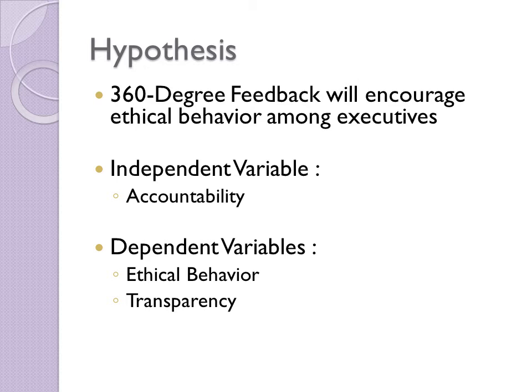I truly believe that 360-degree accountability will make the CEO more transparent, because the periodic 360-degree review will make it apparent that their actions are actually seen. The transparency would cause the executive to think twice before making questionable decisions. I also theorize that this level of transparency will encourage ethical behavior.